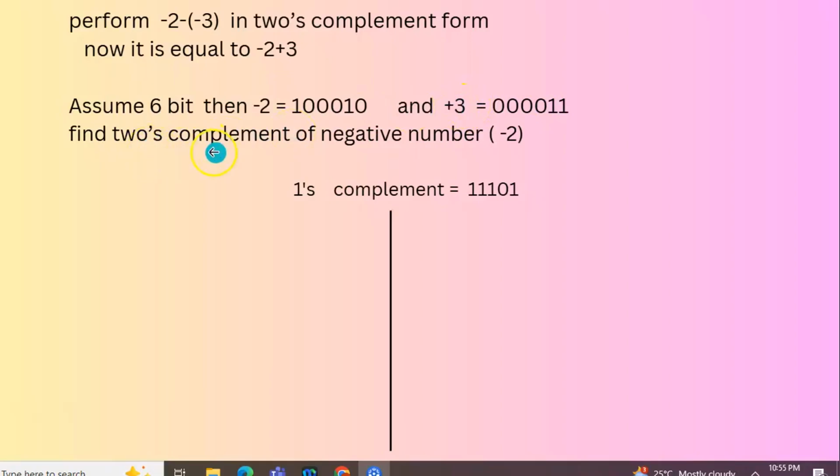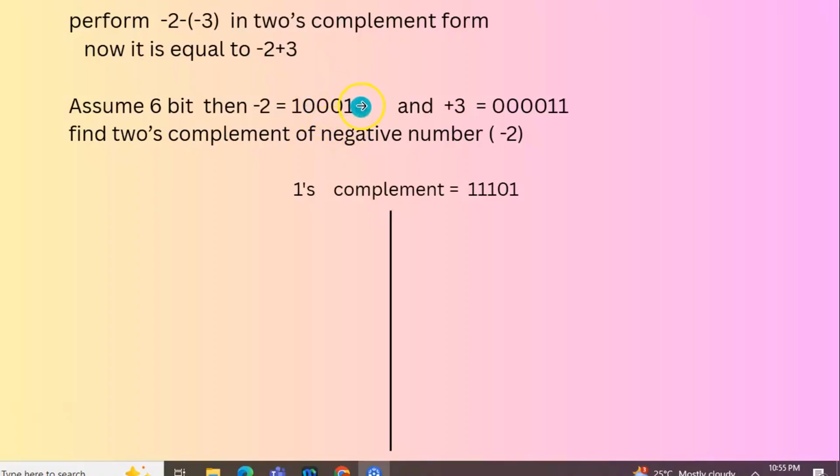Now we have to find the 2's complement of the negative number minus 2. But you should remember that when you do the process of 2's complement subtraction, you forget about the sign bit. That means you leave the sign bit and find the 2's complement of the remaining magnitude. So to find the 2's complement, we should find the 1's complement.